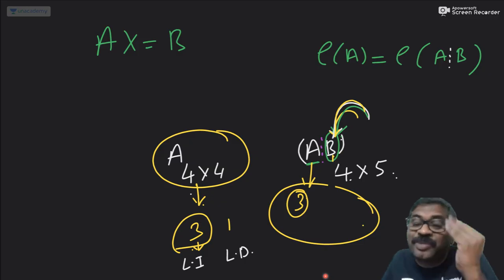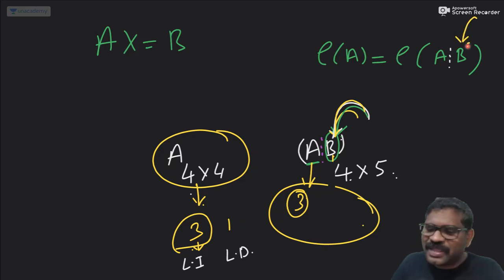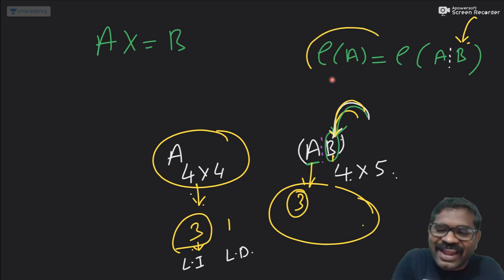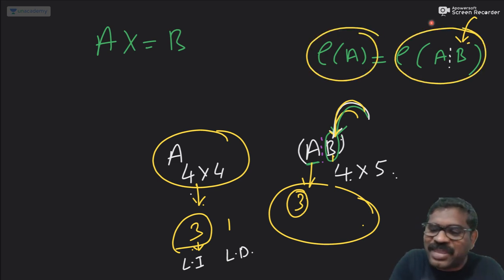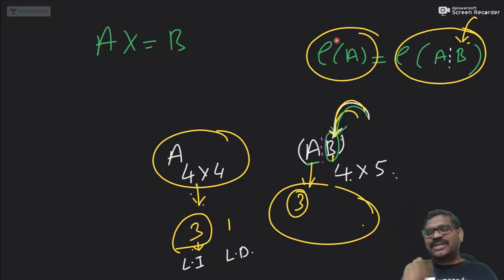When is it possible to be equal? That extra column must be a dependent column. If it is dependent, then automatically the rank of A and the rank of AB would be equal. Catch my point?